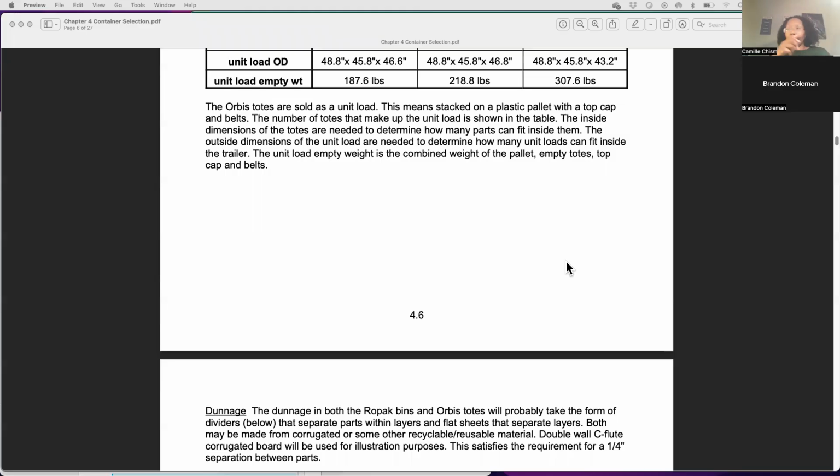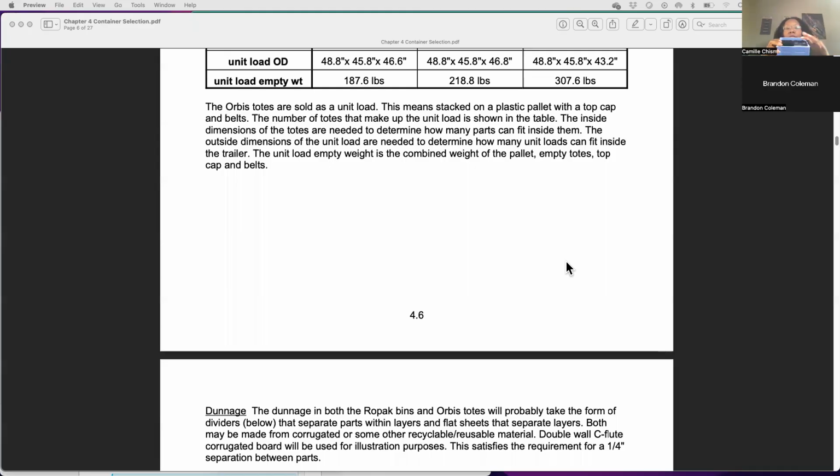Gotcha. And then what about going under? Under the weight, do you think that's an issue? Things just moving around? No, it should be fine. If they're fitting in the trailer and you have dunnage, the parts are secure. All this is assuming that you have picked a container that fits the parts well.